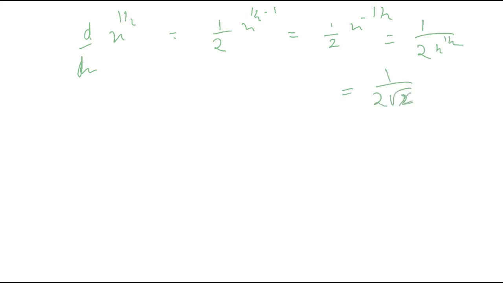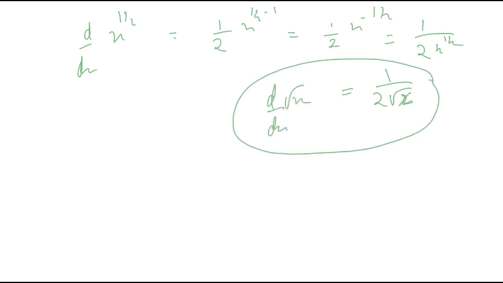What is this? This is d by dx of under root x. This is the main thing, and you can use it as a general formula: the derivative of root x equals 1 over twice root x.